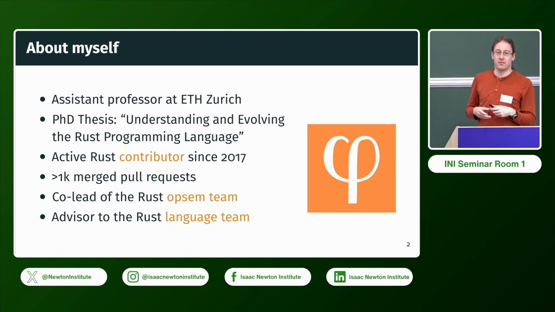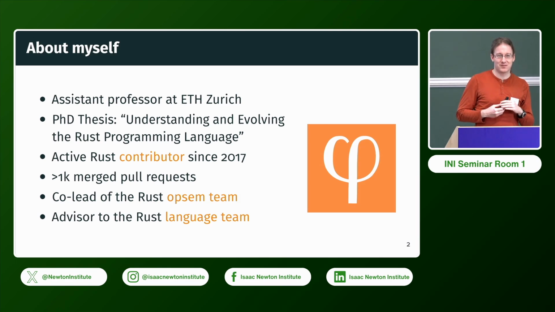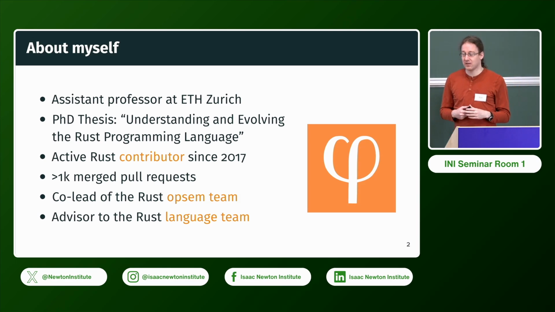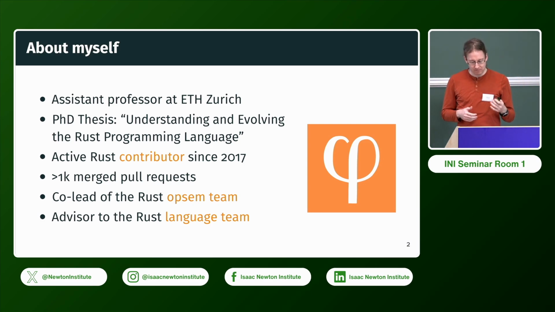I'm one of the co-leads of the Rust operational semantics teams, so if Rust has something like a chief specificationist or whatever the job title was we were talking about yesterday, then I'm one of them. And I'm advisor to the Rust language team, which is the team making the final decisions about new things being added to the Rust language proper. So I've done a whole bunch of Rust stuff, basically.